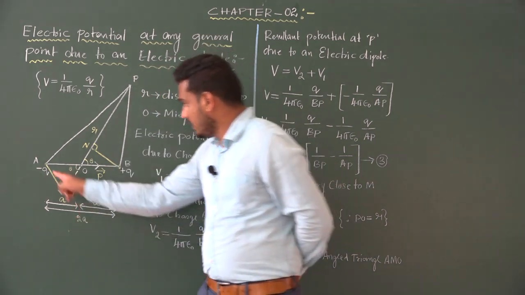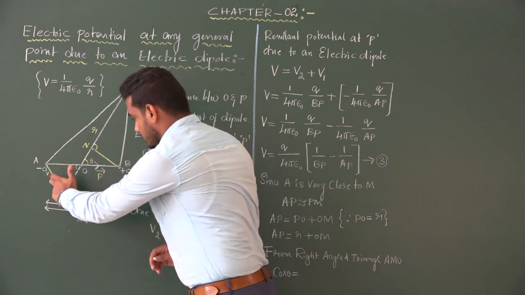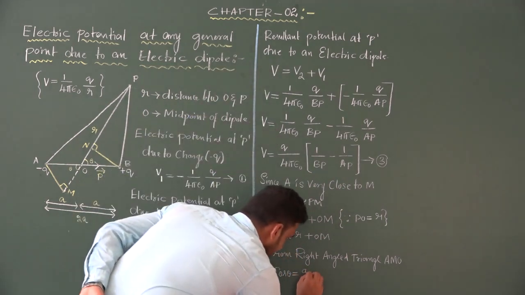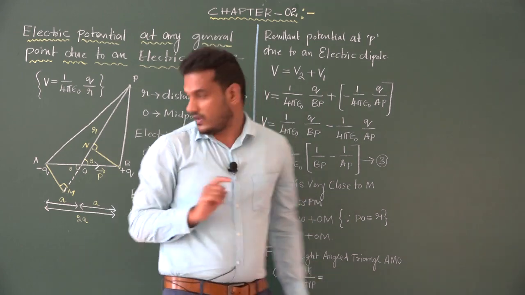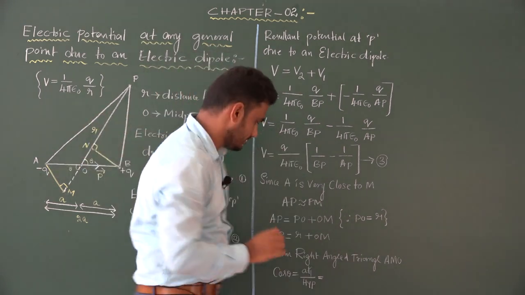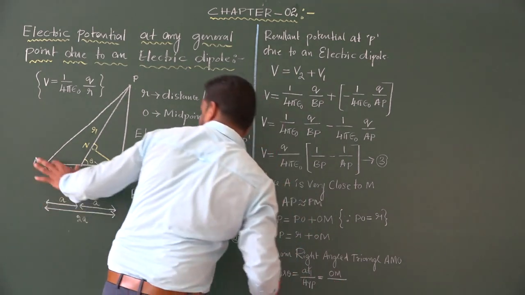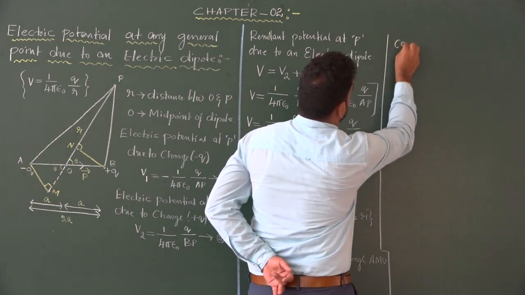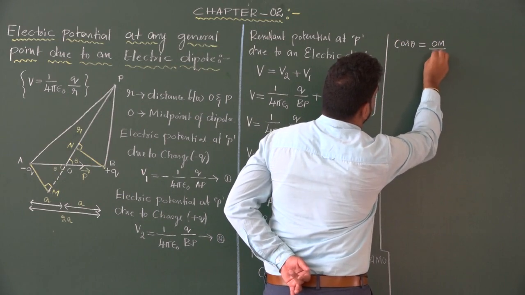From the right angle triangle AMO, for this angle, this is opposite, this is adjacent, this is hypotenuse. So cos theta is adjacent by hypotenuse. What is adjacent? OM. What is hypotenuse? OA. Then cos theta is equal to OM divided by OA.